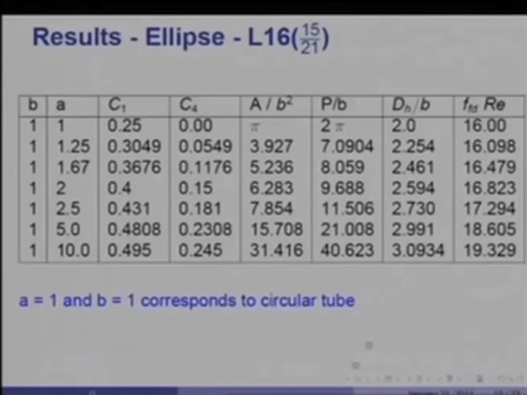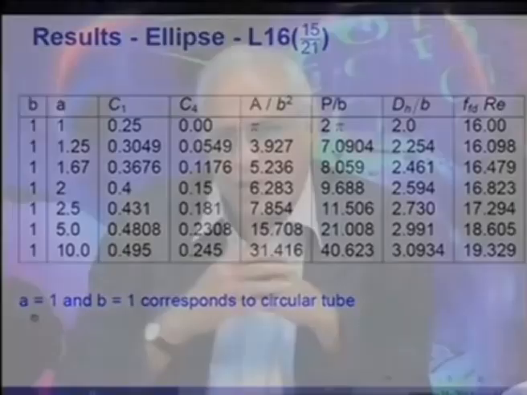So, here are the results for a variety of values of b and a, b equal to 1 in all cases, but a is chosen to be 1, 1.25, 1.67, 2, 2.55 and 10, which is a very oblong ellipse. And you will see in each case C1 and C4 have been evaluated.